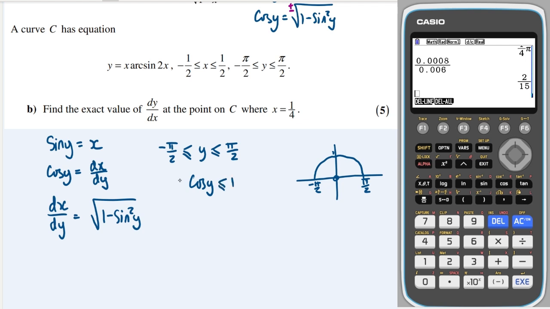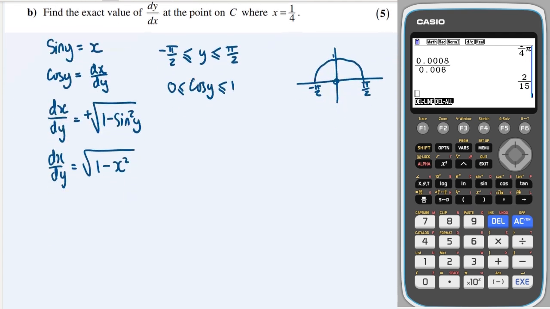So we know that cos y is bounded between 0 and 1 for those y values, which means that cos y, which we've just worked out as dx by dy, has to be positive. Okay. Next, what we can do is replace sine squared y with x squared, because we know that sine y is equal to x.